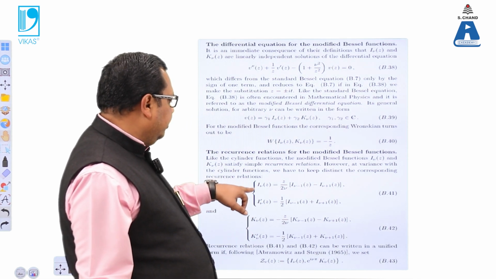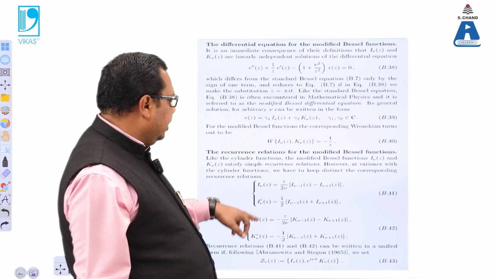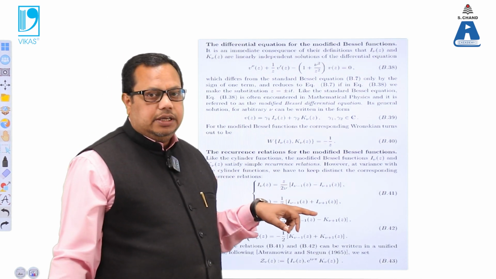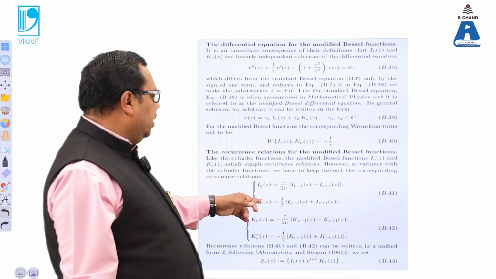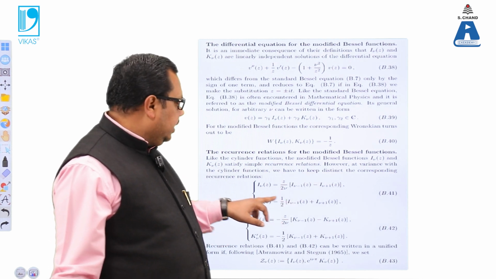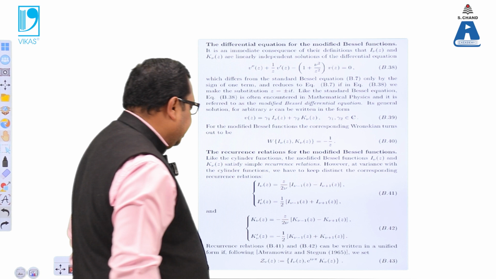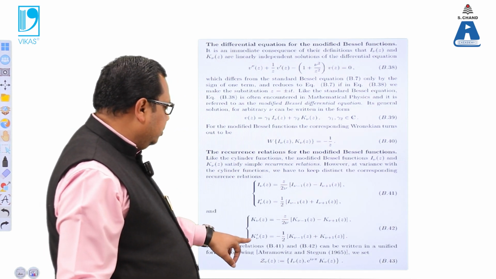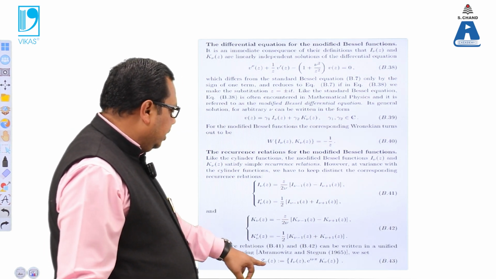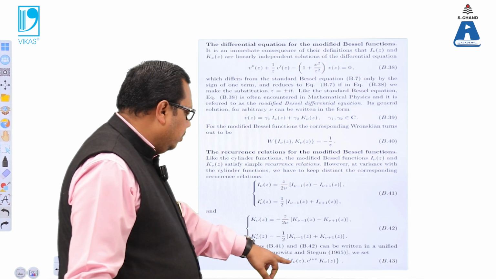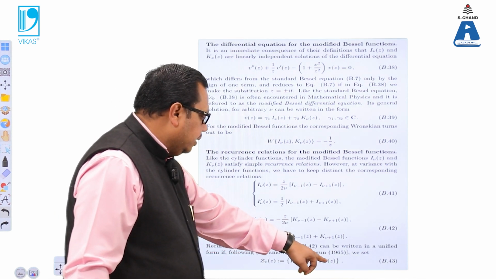So here one is a value and one is a differentiated value of this. Here we can see I_v(z) and here I dash v(z). Then we are using K_v and K_v dash, and we are analyzing in this particular formula I_v(z) and an exponential value K_v(z).